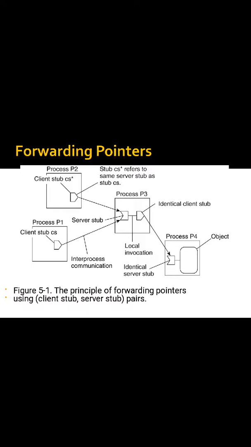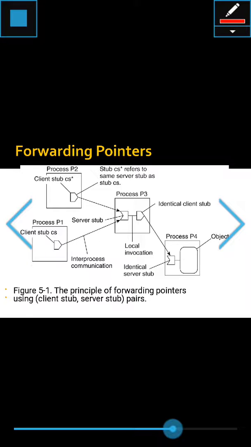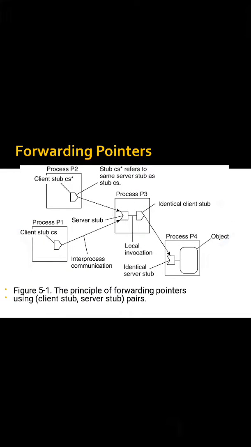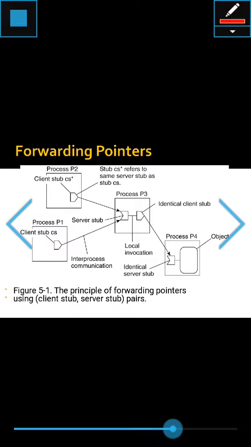Then process 3 has a local invocation. Process 3 has an identical client stub, and process 4 has an identical server stub. So process 3's client stub has intercommunication with process 4's server stub, and finally process 4 has its object. So all these processes are interconnected through links.